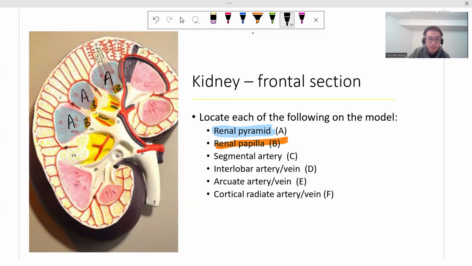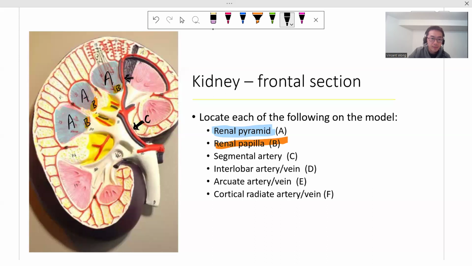Segmental artery. It's right there. Interlobar artery. That's the one that goes up, right?